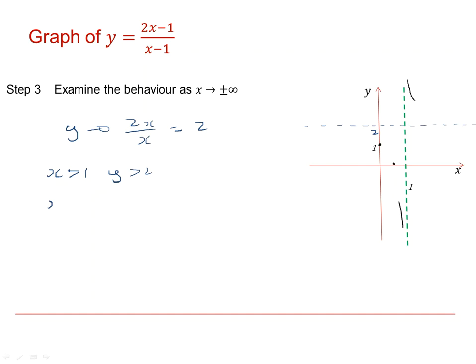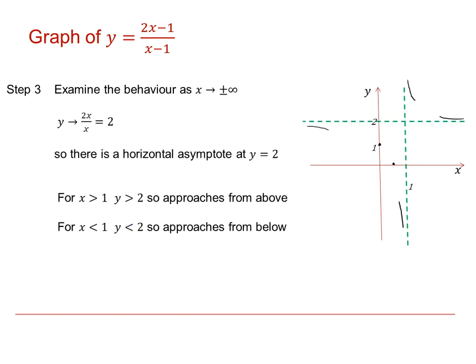If x is less than 1, then we can see that y is always less than 2, and therefore y is approaching from below. So we can then put a line indicating that either side of our horizontal asymptote.